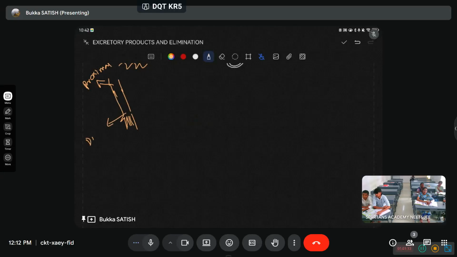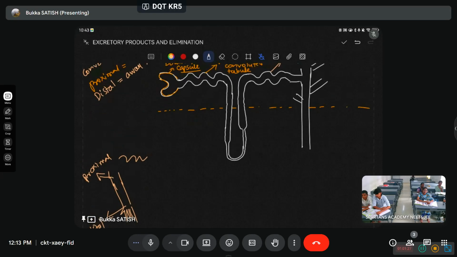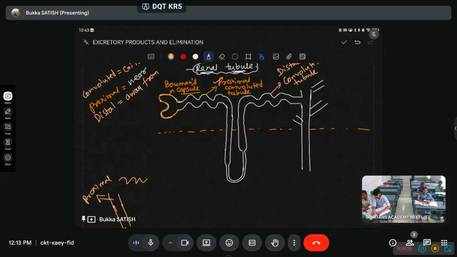This one is the distal end. We use these terms very often with respect to locations. Whenever we say proximal, it is close to; distal is away from. That's why we are using these terms. Proximal convoluted tubule, the other one is distal convoluted tubule, coiled structures basically.